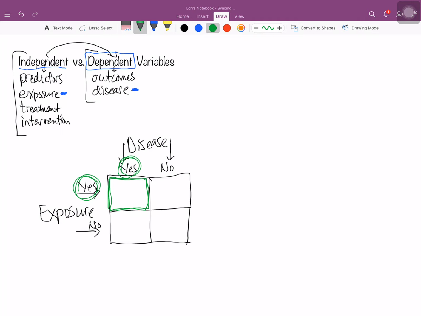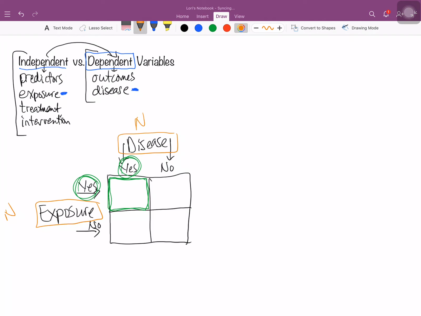Now, one thing to mention is that in this particular situation, what we've done is for both disease and exposure, we have put them on the nominal scale, right? Having a yes-no is really nominal. It's not ordinal or scale. However, we do measure many things either ordinally or on a scale variable.